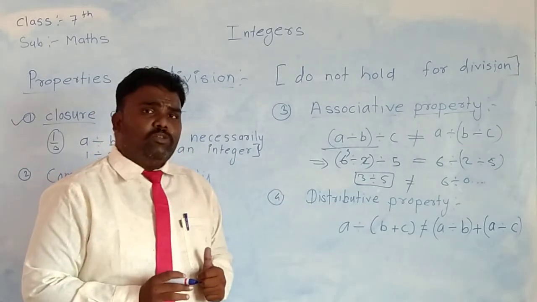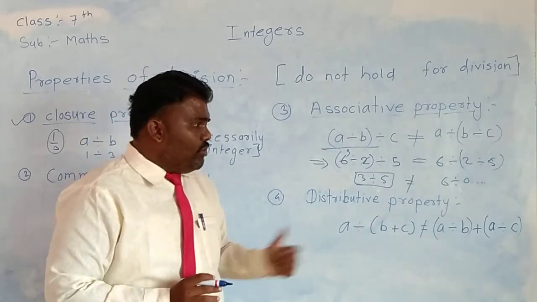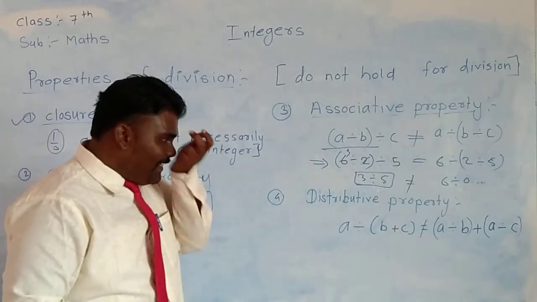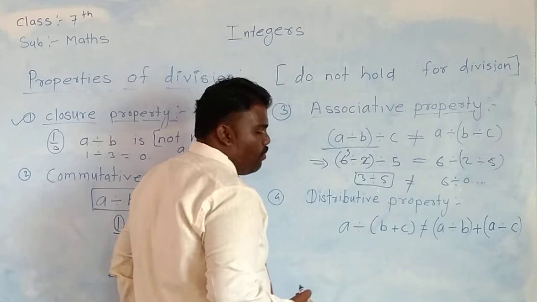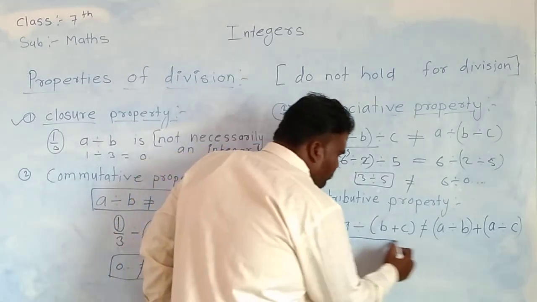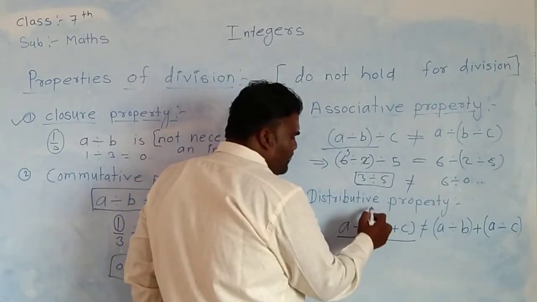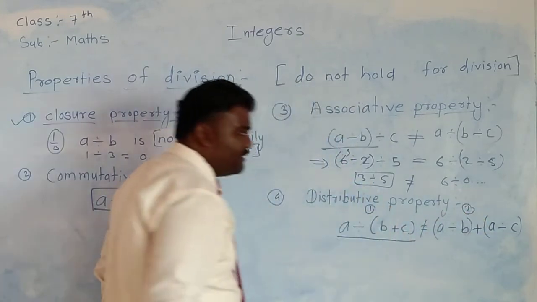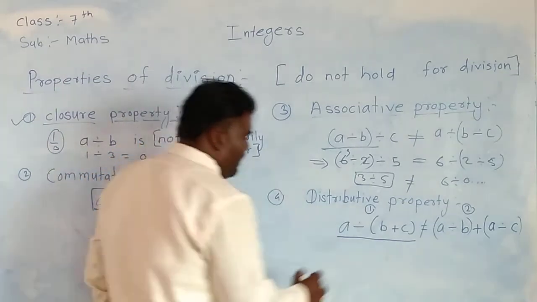So let's talk about the distributive property, whether it will be satisfied over here or not. Even it cannot be satisfied. Why? Because the answer in this case must match the second case. It does not happen here.